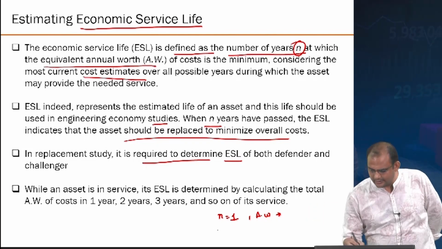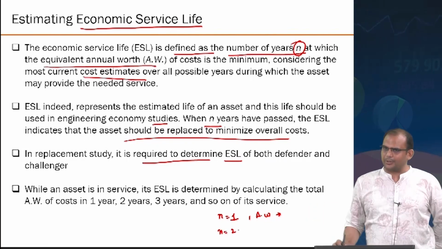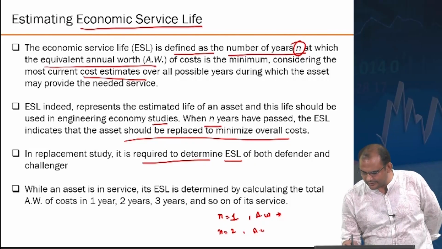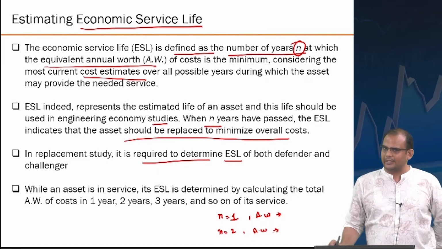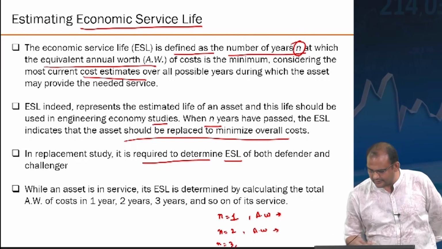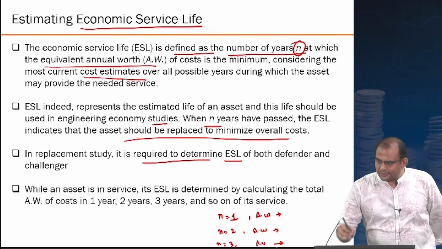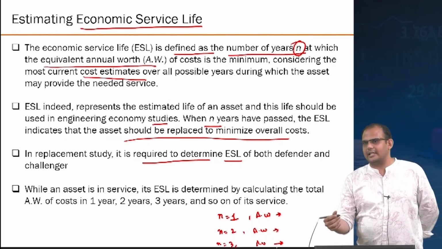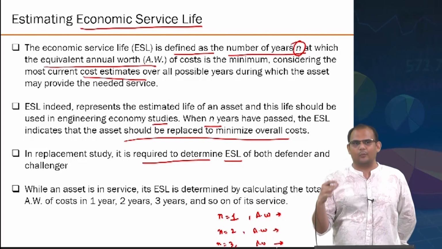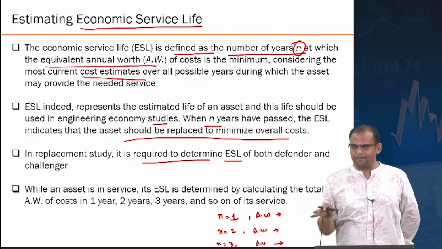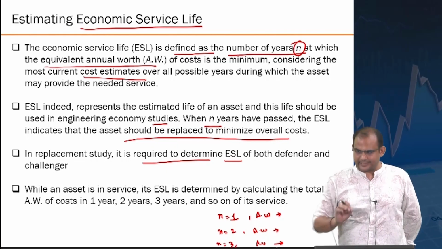You calculate. Now you assume n equals 2, and accordingly you calculate the annual worth. If n equals 3, you calculate the AW, and so on and so forth. You choose the value of n such that you obtain the minimum annual worth of the total cost. Okay, I'll show you the example.